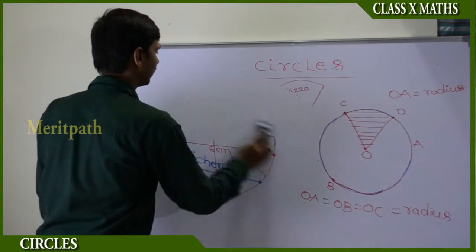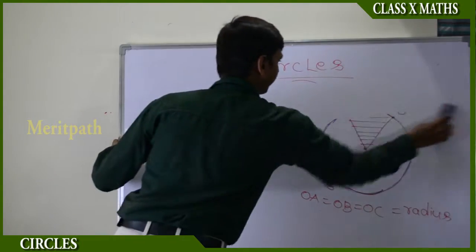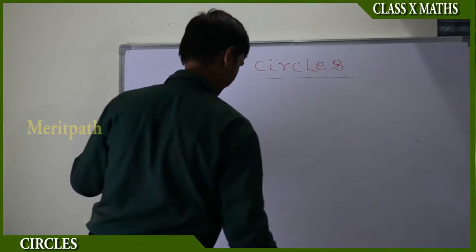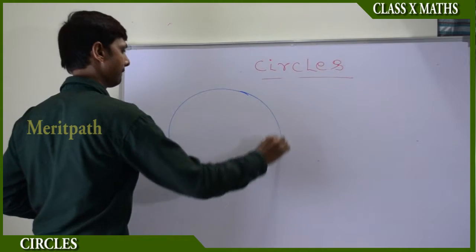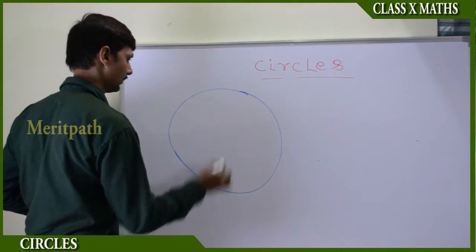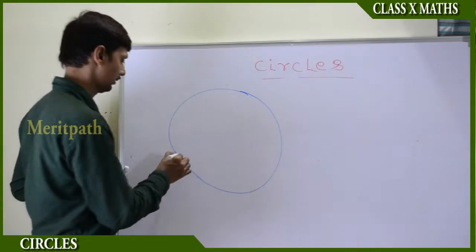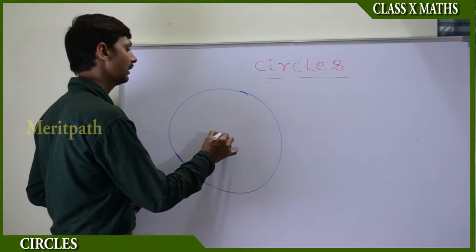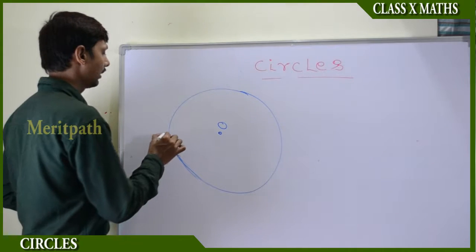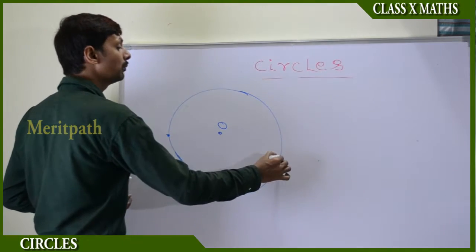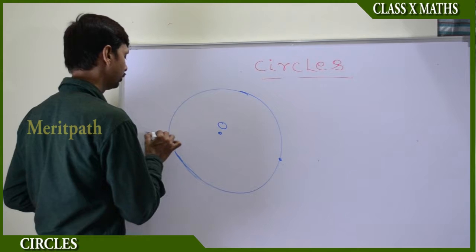Let us take a circle. I have taken a circle with center O, taken any 2 points on the circle and joined these 2 points.